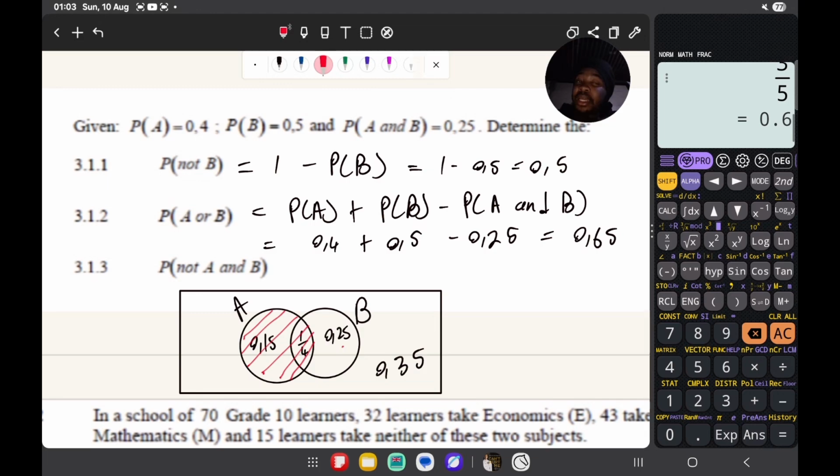But they say the probability of not A and B. So we have the not A, we are fine, and now we have and B. When they say and B, it eliminates the 0.35, and the only value we have is 0.25.